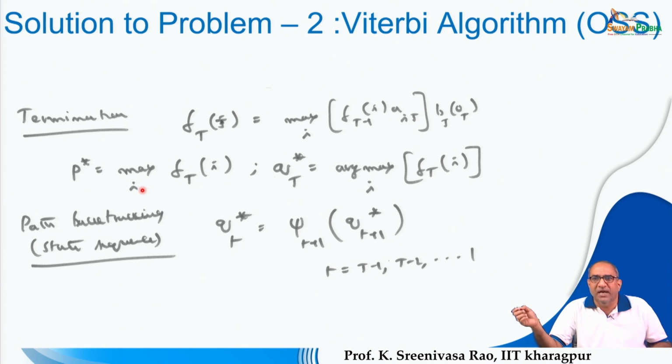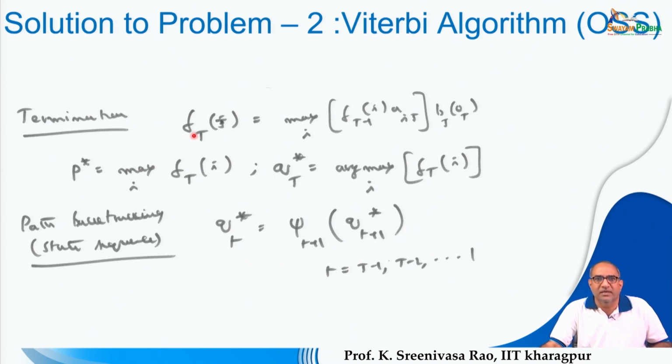So, for reaching to that, what is the maximum probable state at t minus 1, you can compute by using this psi of t. By using this expression you can backtrack.